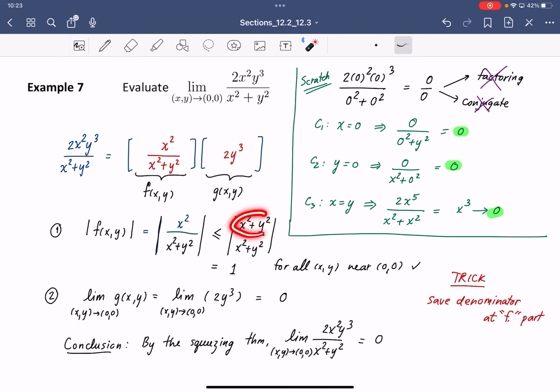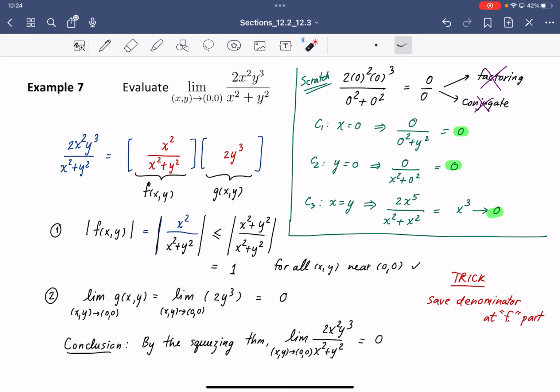I need this form because when you cancel, you get 1. And then that is f(x,y). And your g is going to be the remaining part that you have left.